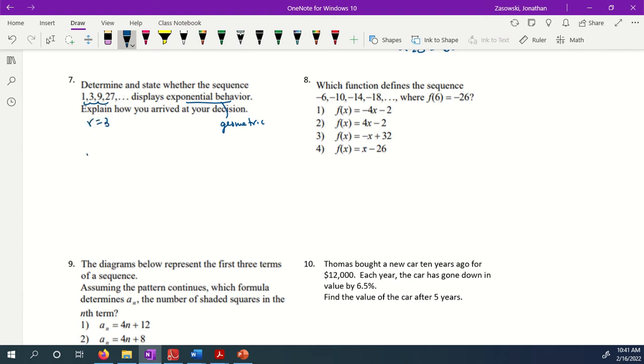So we can say, yes, it has exponential behavior, since the sequence multiplies each term by 3 to get the next term.